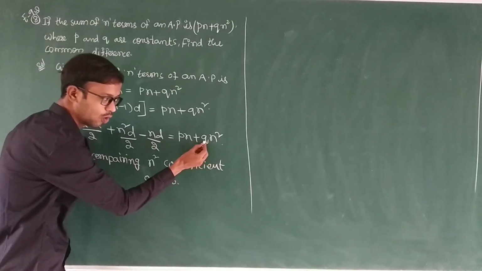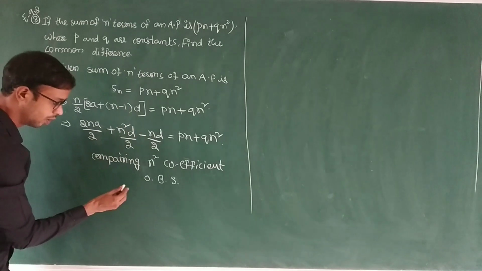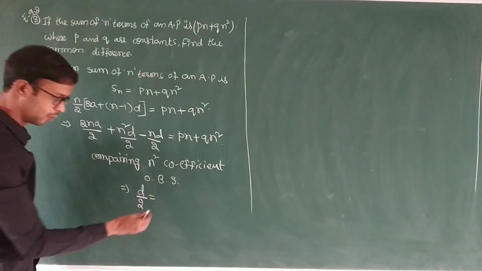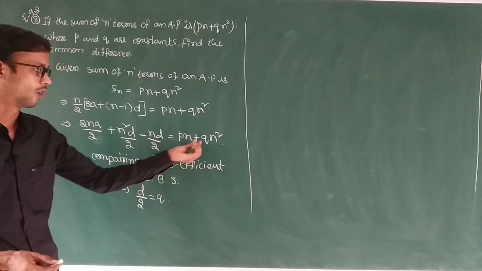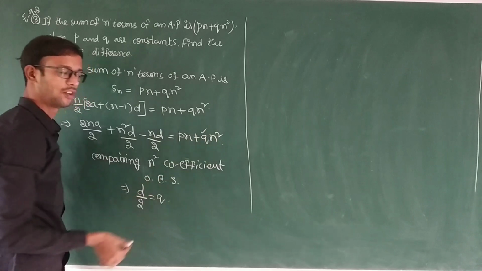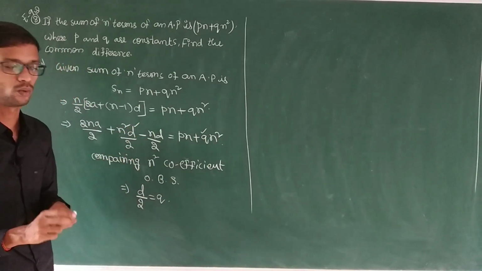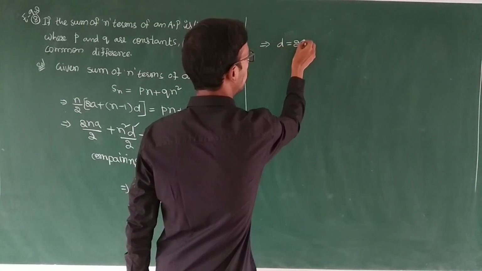The n square coefficient on the right is Q, and on the left the n square coefficient is d by 2. That implies d by 2 is equal to Q. This implies d is equal to 2Q.